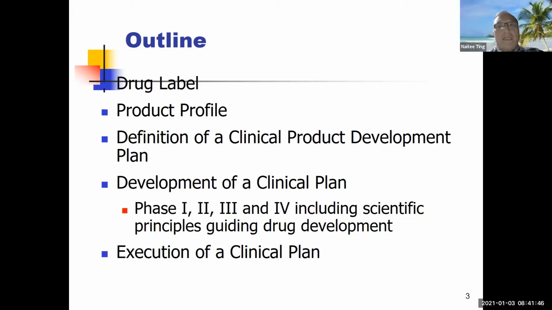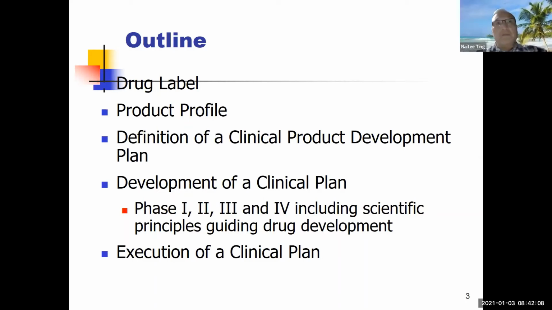Now, a drug label does not exist if the drug is not approved. When the FDA looks at your submission, we call it an NDA, new drug application. These are what we typically use for chemical entities.